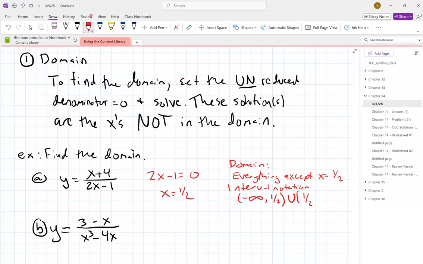Again, I'm going to use a parenthesis to indicate we're not including 1/2, and go on all the way to positive infinity. So that would be the way we'd write our domain. Does everybody feel okay there?